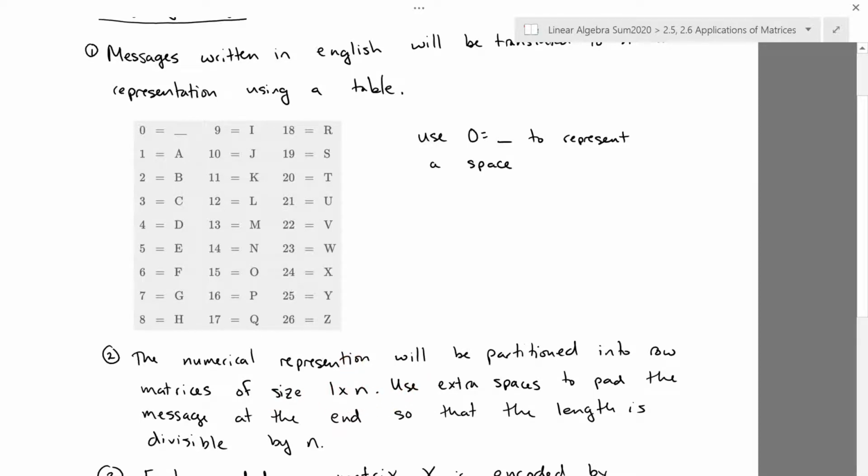So let's say the message ends in 2 letters, but we're working with a 4x4 matrix. Then what we need to do is add spaces at the end of the message until it fills up the last vector. So you would add 2 spaces to go from 2 letters to 4 letters.